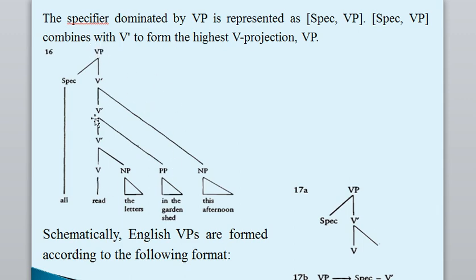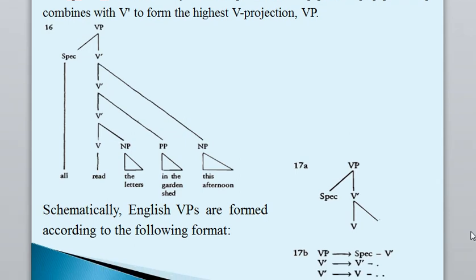So this is the structure of layered VP in English and in other languages. You see here, this is in English, the V, the head, combined with another element to produce V1 bar, and at last V1 bar combined with a specifier to produce the maximal projection VP, as you see here in this example.